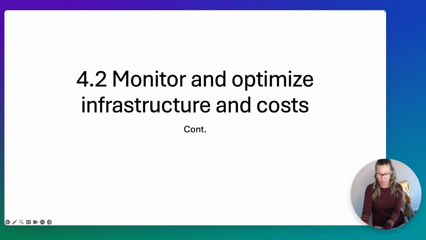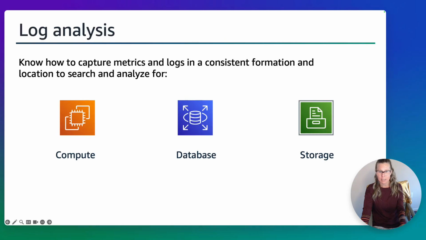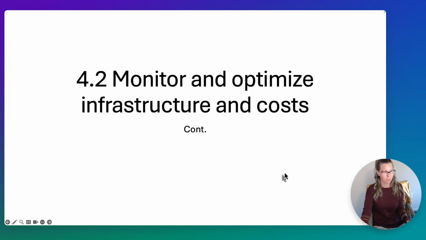And picking up from our last lesson, you have captured your metrics and logs in a consistent format and location to search and analyze those logs. Most workloads use AWS resources such as network, compute, storage, and databases, and it is important to collectively analyze the metrics and logs from these resources and correlate them in order to effectively monitor and manage all of your AWS workloads.